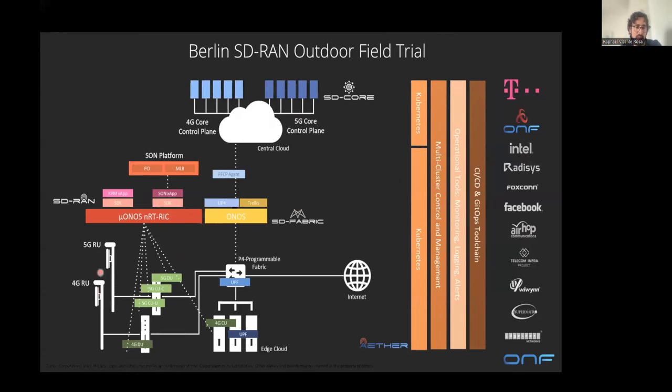We had this integrated with actual 5G radios. In the 4G side, we had the OAI stack, just as a reference setup. In the 5G side, we had the radio components provided by Foxconn. The CU/DU components we integrated with Radisys components. And the core, as well as 4G and 5G, was integrated with the SD-Core project and SD-Fabric project by ONF.